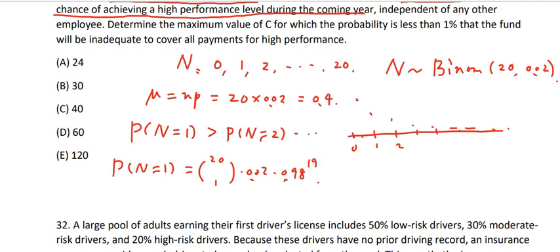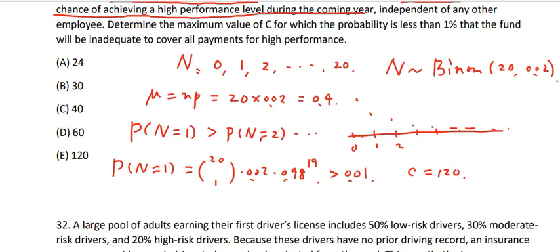So we find this probability will be larger than 0.001. So if n equals 1, we can set C equal 120, right? But if this happens, n equals 1, such a chance is larger than 0.001.